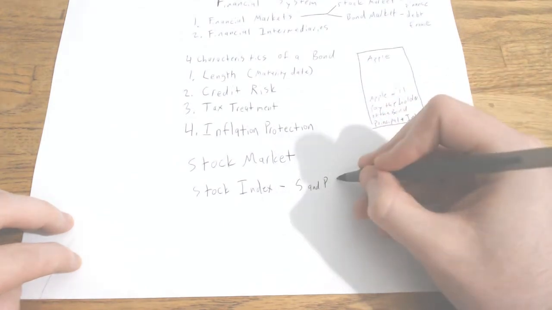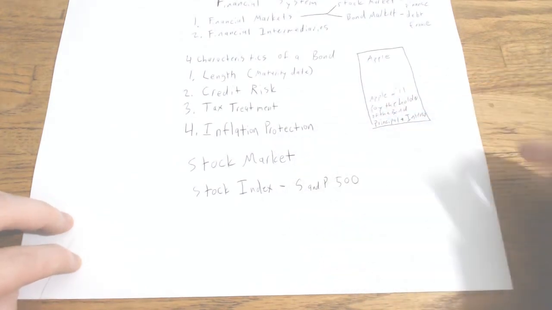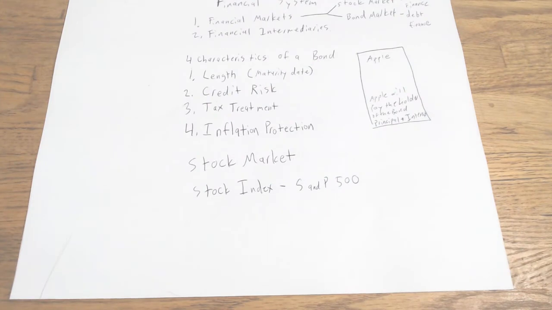This index takes the top 500 performing companies in the United States and indexes them together. It takes the average price of them, and we get the S&P 500.